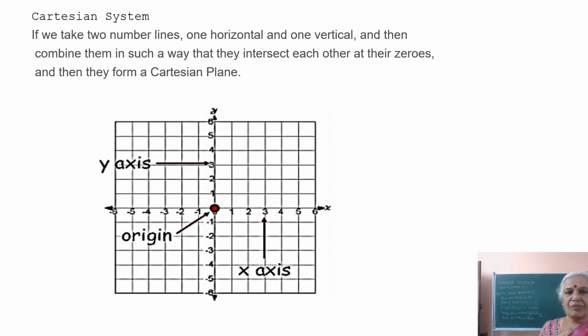See in the figure, they have marked it on a graph sheet, that is 0 is there in the middle, and the horizontal one is called the x dash axis, and the vertical one is the y dash axis, and both meet at the point 0, and that is called the origin.